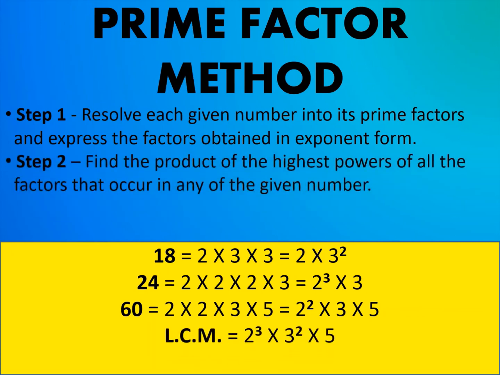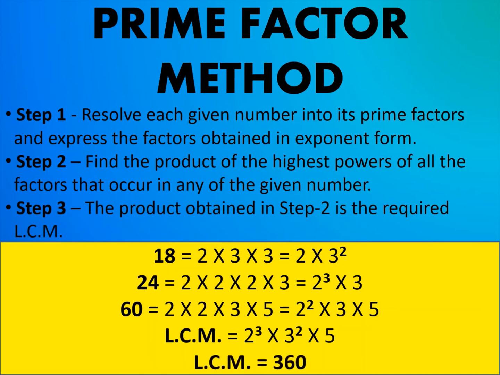Step 2. Find the product of the highest powers of all the factors that occur in any of the given number. Step 3. The product obtained in step 2 is the required LCM.